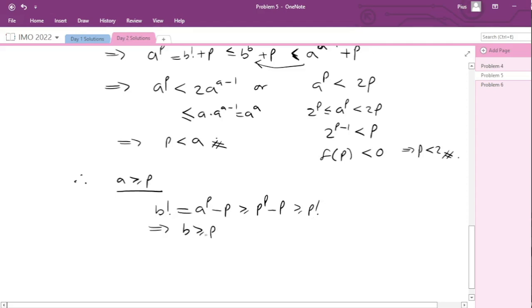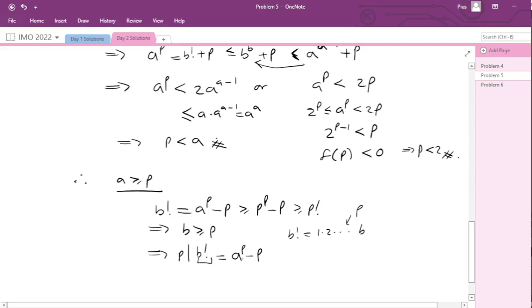So we get the corresponding bound for b, and this implies, in particular, that p is going to appear in b factorial. So p must divide b factorial. It's going to be one of those terms. Remember, b factorial is 1 times up to b, so p will be somewhere there. So we have this as a factor, and going back, we know this is equal to this.